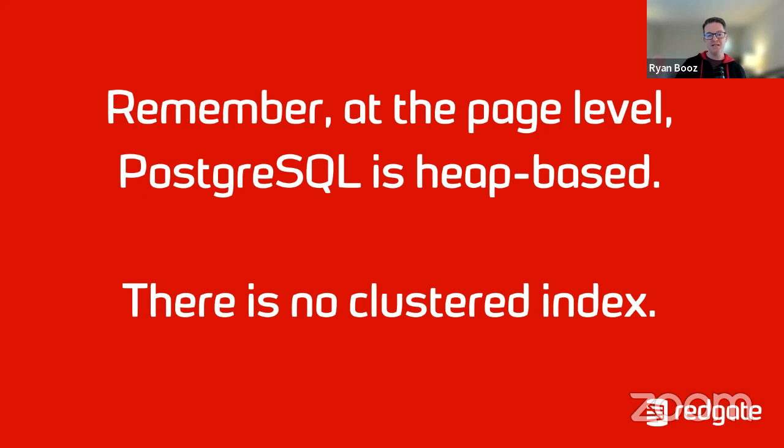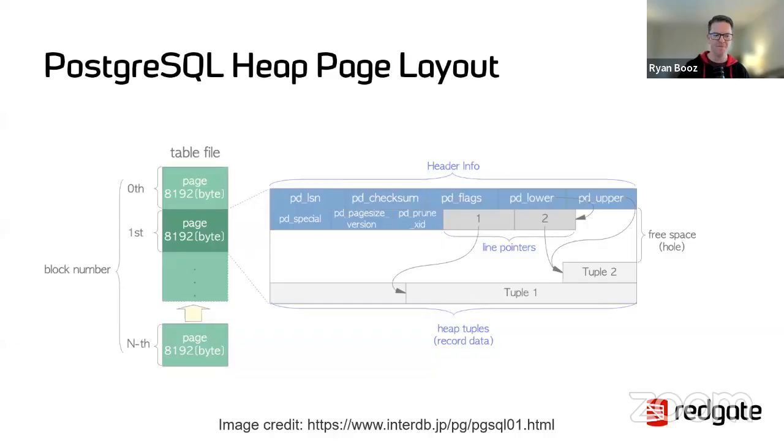Now, if your data is coming in sequentially, maybe it's time series data and it's always coming in with a new timestamp, you will get natural ordering in your pages. It's not guaranteed, but it will be less fragmented in the way that Postgres has to use it.